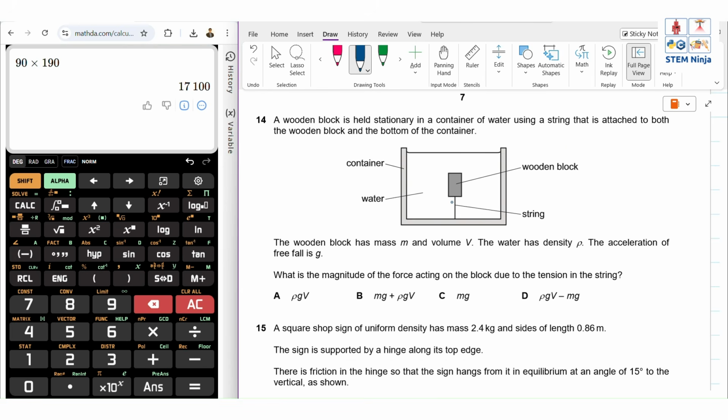Okay, so tension is pulling this downwards, and there's a weight also acting, mg. Upthrust is going to be rho gV, because this is entirely submerged. So rho gV is equal to tension plus mg. So tension would be rho gV minus mg. So D would be the right answer.